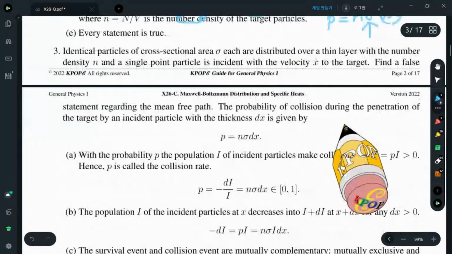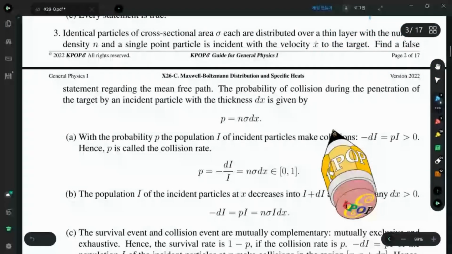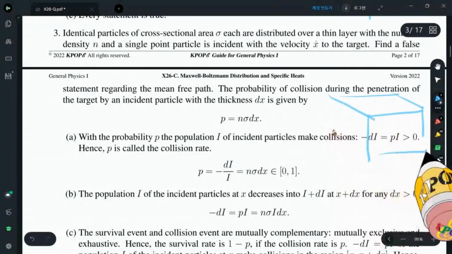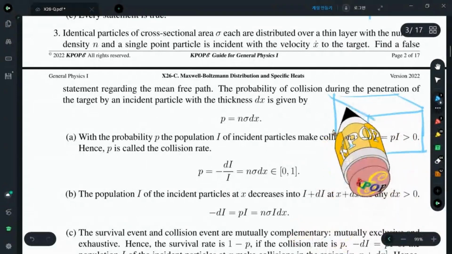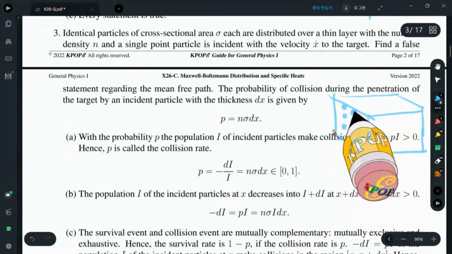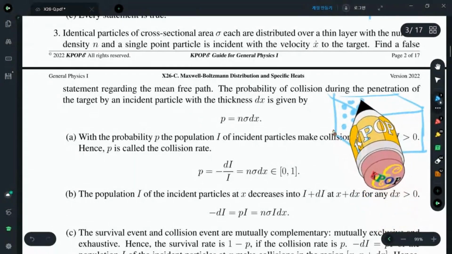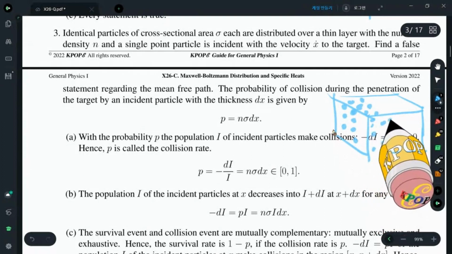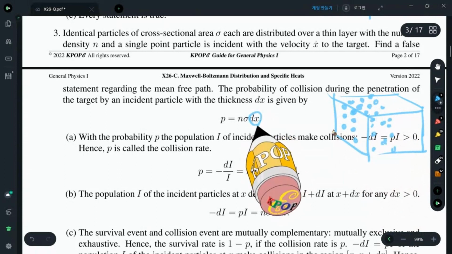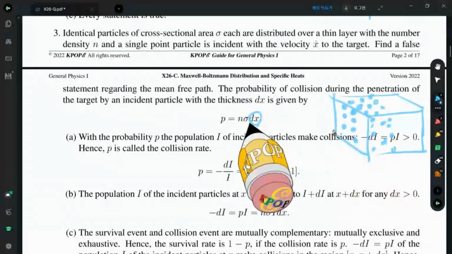So let us continue to study this idea. Why don't we enlarge the depth of the target? So targets are distributed over space, not a single plate, but many plates. And in each plate with the thickness dx, dx is small enough, so they do not overlap.